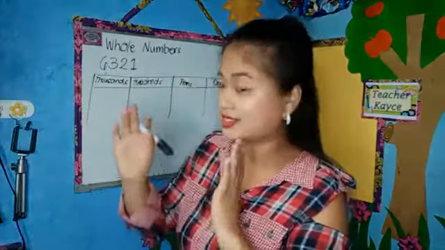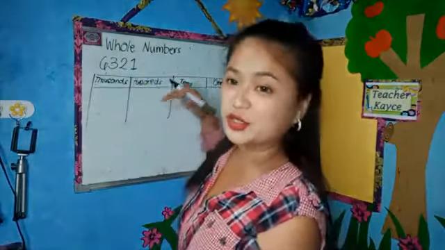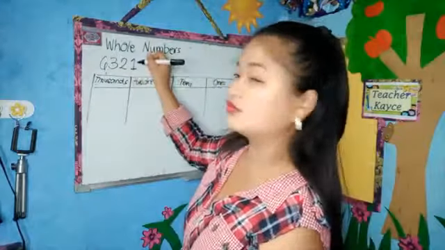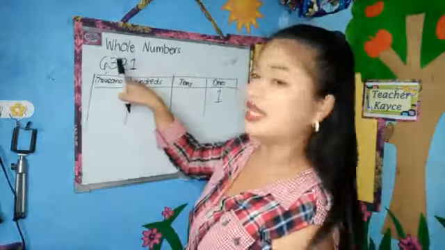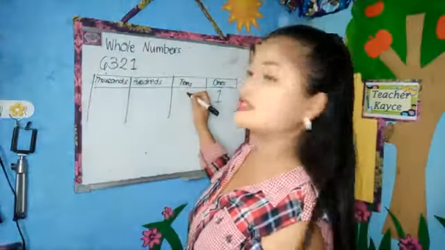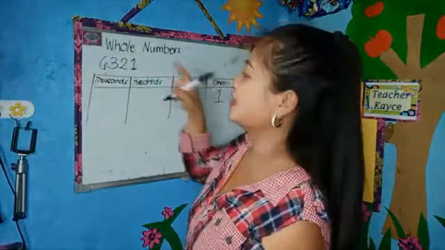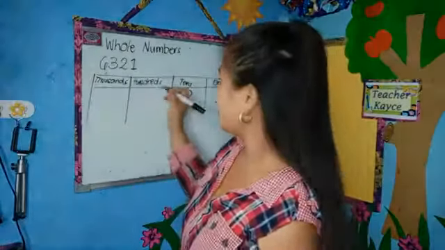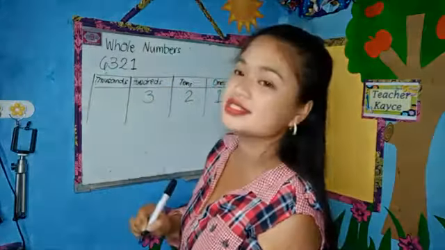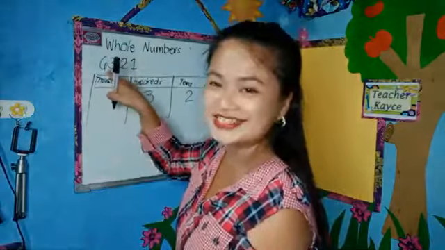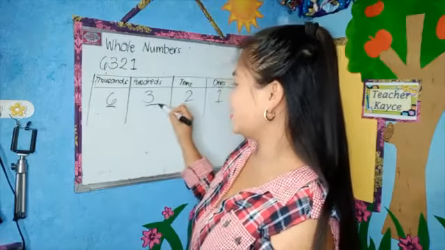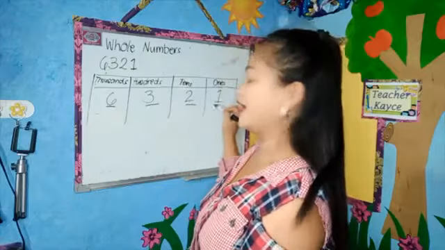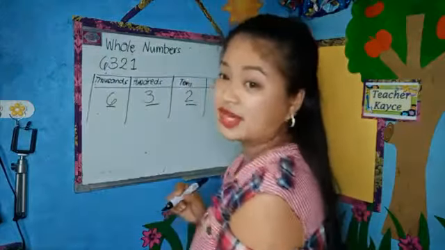So let's place them in your table. The last number serves as your ones. The next, 2, serves as your tens. Then 3 in your hundreds, and the first number, 6, in your thousands. So we have here 6, 3, 2, and 1. Let's get its place value.